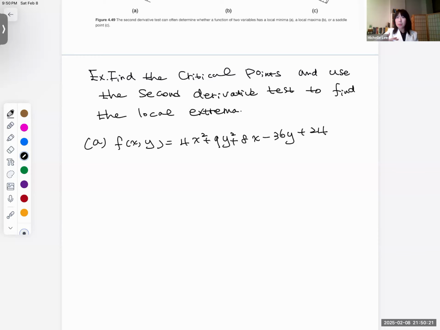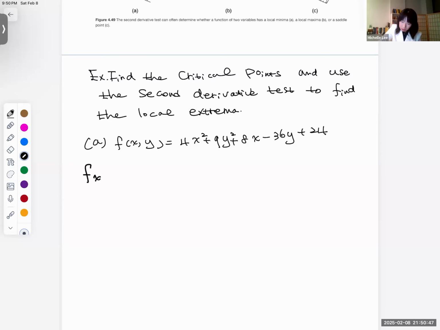With the partial derivative with respect to x, find the x value. With the partial derivative with respect to y, and then we need to find y. If we have x and y together, then we use a system of equations to find x and y values, right? We had the experience earlier, so let's do it.